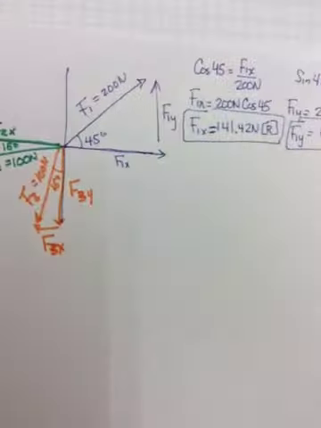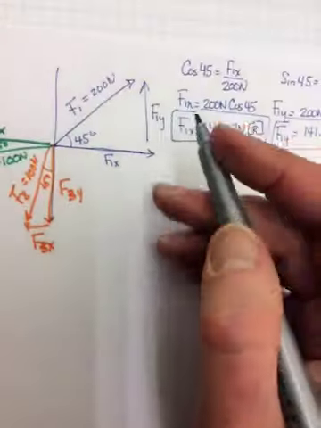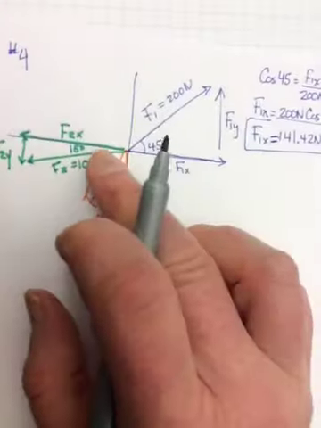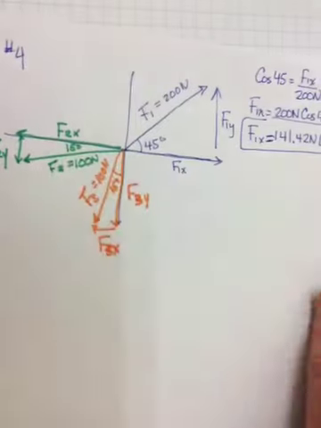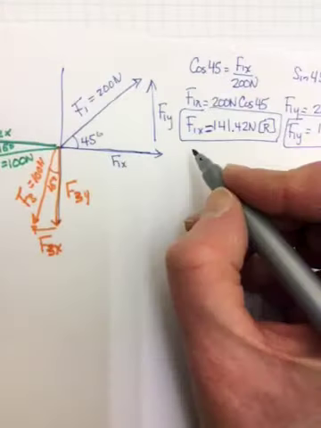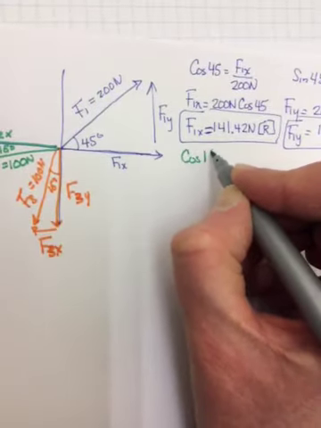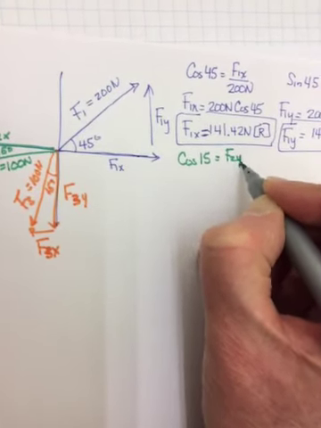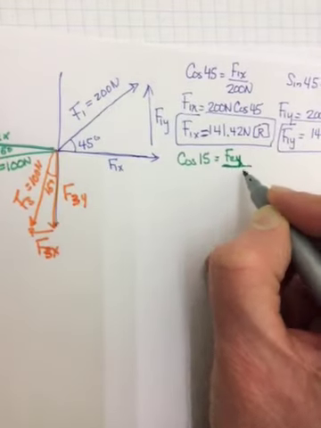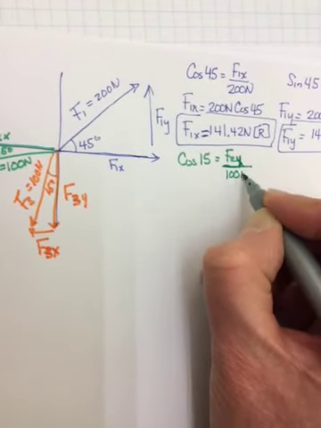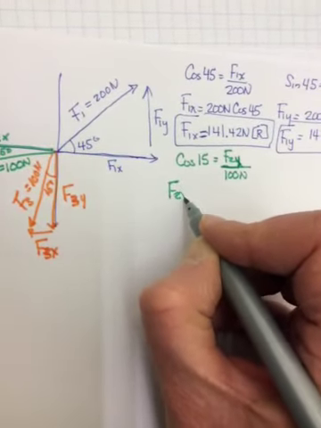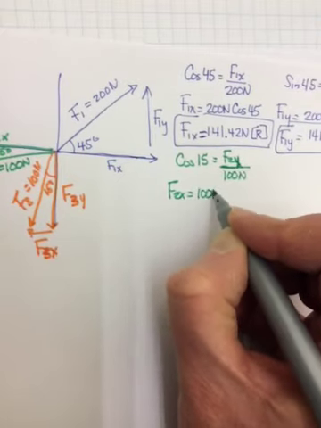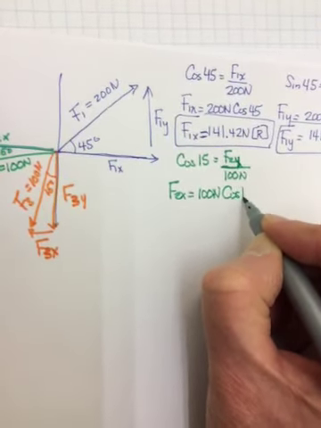So now switching to my F2, the x side is the adjacent side, so it's going to be cosine again. So cos of 15 this time is equal to F2x over 100 newtons. So F2x is equal to 100 newtons times the cos of 15.